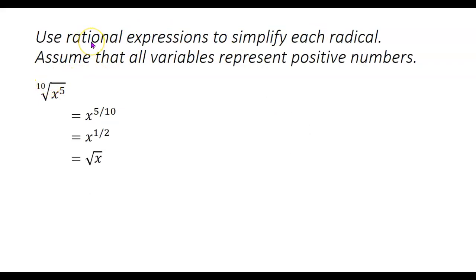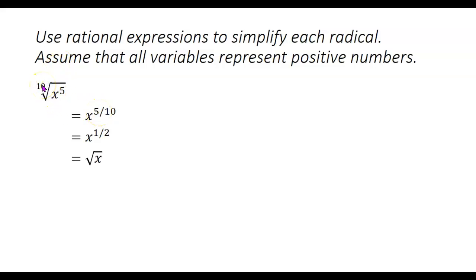For this next example, the directions say use rational exponents to simplify each radical. Assume that all variables represent positive numbers. So the 10th root of x to the 5th power would be x to the 5 over 10 power.